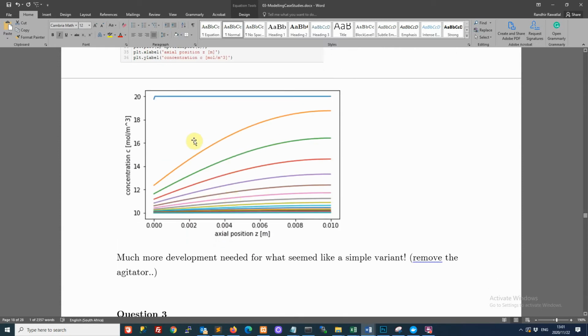And here's what happens. You can see here initially you were at 20, and then after some time you lost some of that concentration. This is the Z position here. So Z equals 0, and then Z equals higher values. So we are looking down the tube this way. This is right next to the membrane.